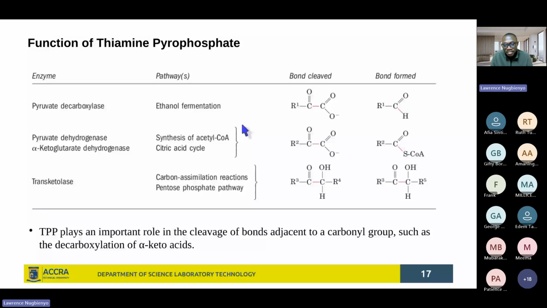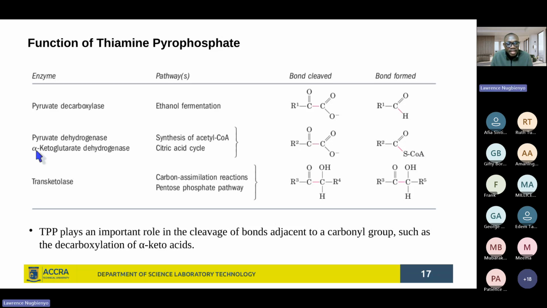So we see again, same pyruvate, the bond between the carbonyl groups broken, and the carboxyl group is given out, so that decarboxylation first occurs. And then after that, the only difference is that in place of hydrogen, which was bonding on that carbon to give you an aldehyde, you are now having coenzyme A bonding. And so you now have acetyl-CoA.